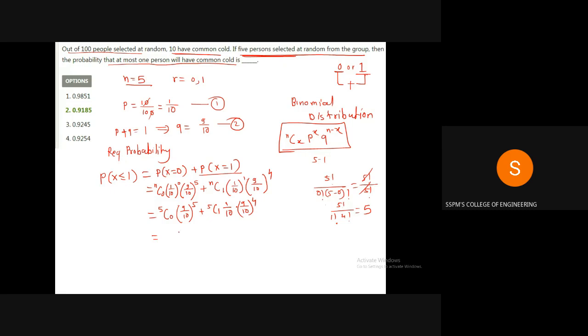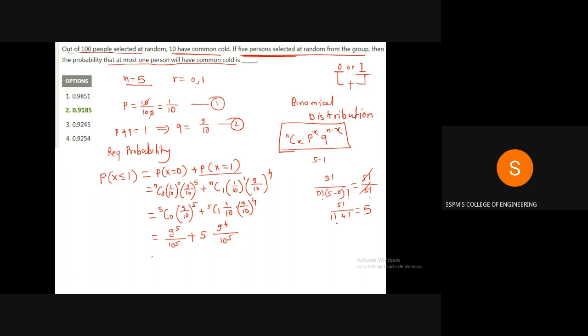So we can write this as 9 raised to 5 divided by 10 raised to 5, plus 5, again 5C1 is 5, into 9 raised to 4 divided by 10 raised to 4, and this 10 we can directly write as 10 raised to 5.